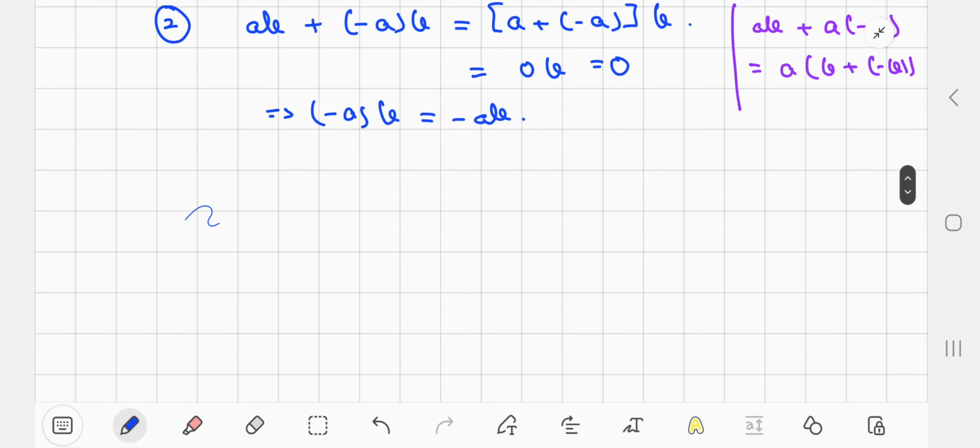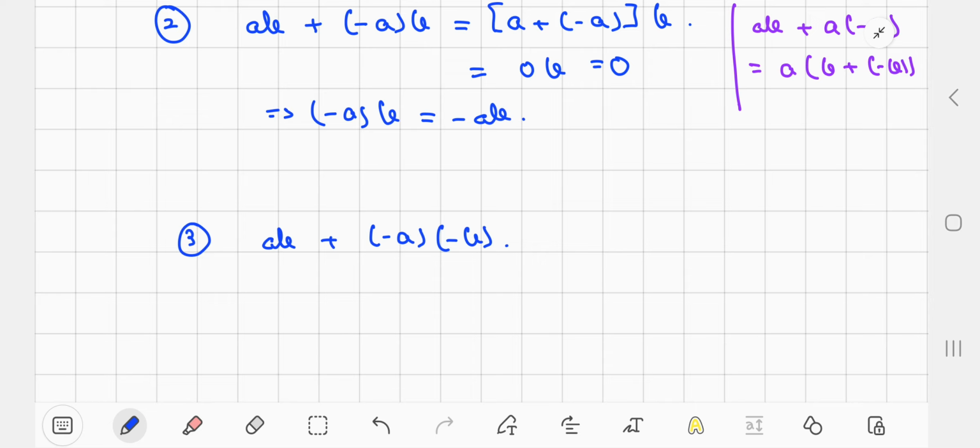Number 3 is again sort of similar. How can we prove number 3? We can do it in this way, right? Observe that we have ab plus minus a times minus b.